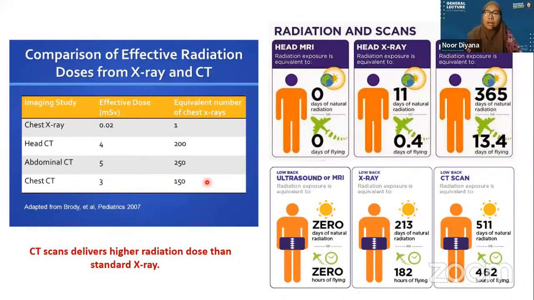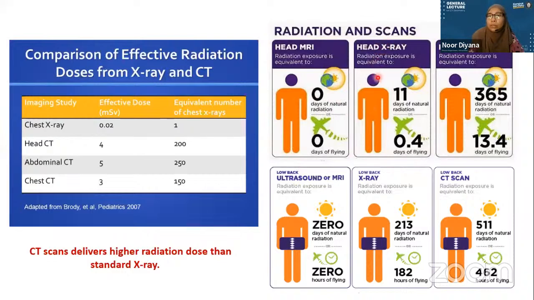Okay, when we compare the effective dose received from CT compared to general X-ray, for chest X-ray the effective dose is about 0.02, but for chest CT it is 3 millisievert. Okay, it is equivalent to 150 times a chest X-ray. Okay, and then for head, if you compare head MRI, because it's non-ionizing, there is no radiation dose.